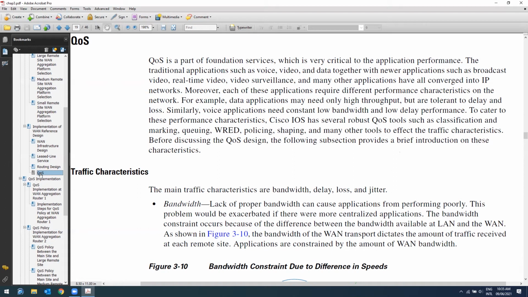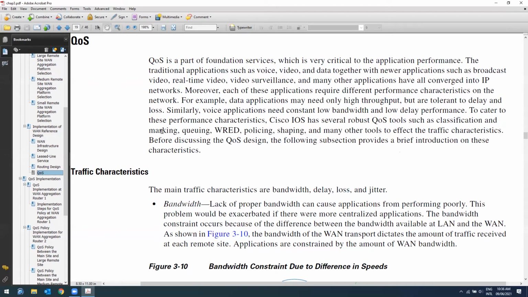For example, data applications may need only high throughput but are tolerant to delay and loss. Similarly, voice applications need constant low bandwidth and low delay performance. To cater to these performance characteristics, Cisco IOS have several robust QoS tools such as classification and marking, queuing, WRED, policing, shaping, and other tools to affect the traffic characteristics, right?